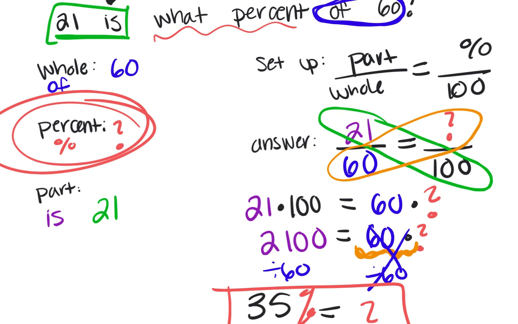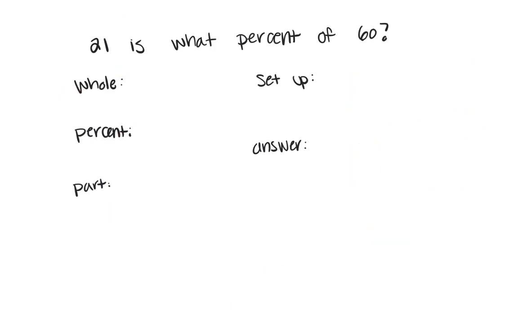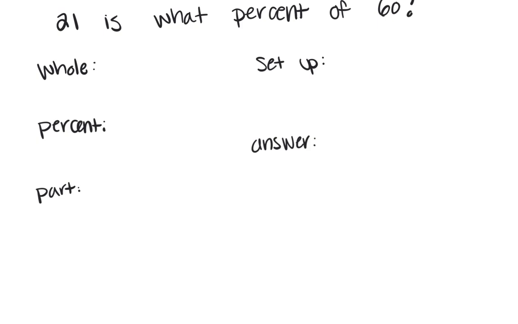Okay. So another way to think of it is that I have 21 out of 60. Well, that's just a fraction, and I can change a fraction into a decimal and then a decimal into a percent.